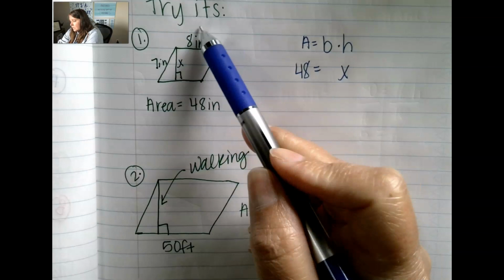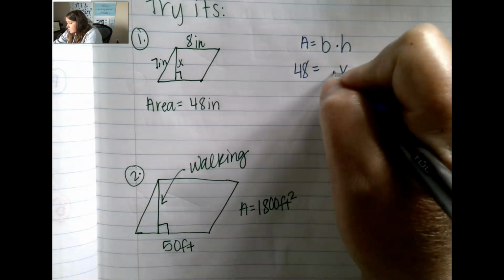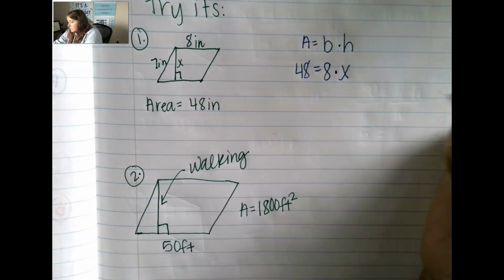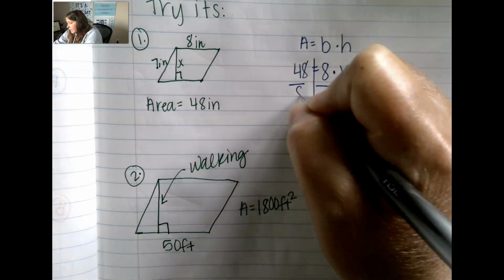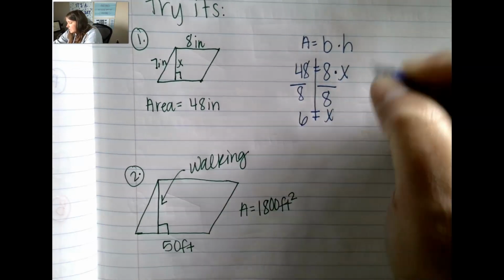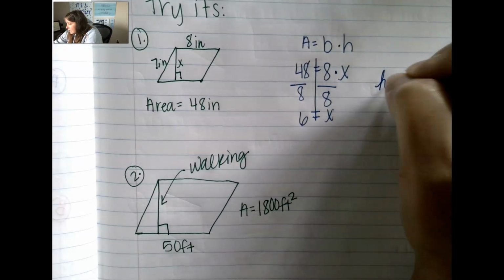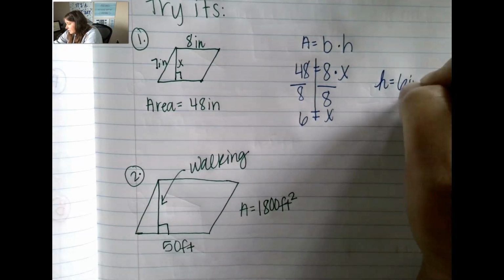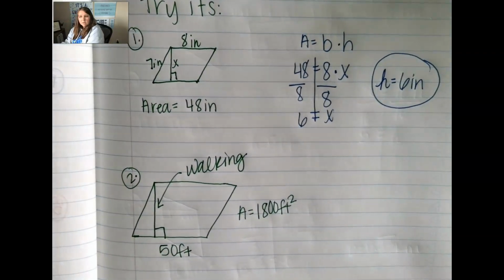We want this one right here that's either on the top or the bottom. So this one's going to give us 8. We're going to divide by 8 and divide by 8. So x equals 6. So our height equals 6 inches.